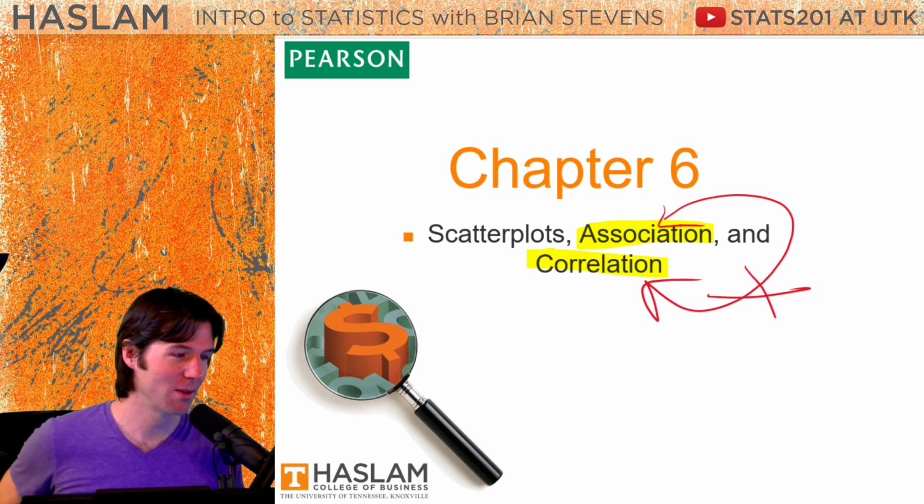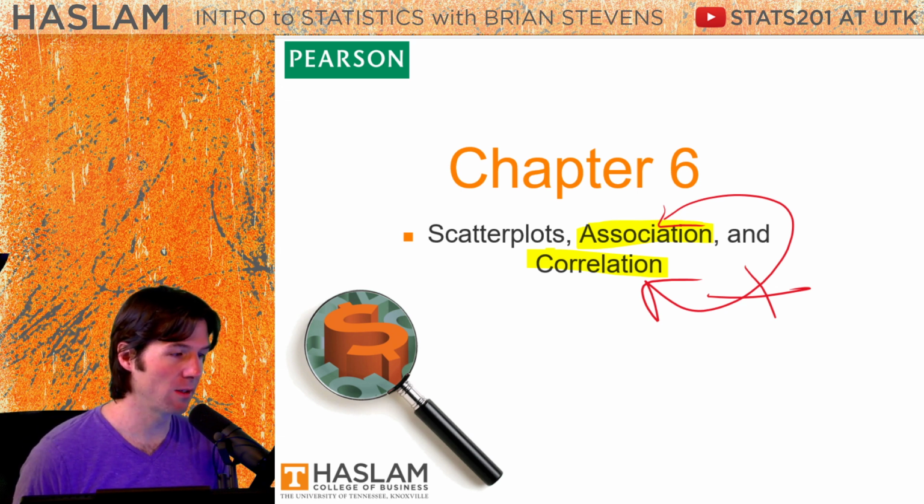Association is a relationship between two variables. Yeah, Sarah's on track. Sarah gets 50 points. So let's explain what Sarah's pointing out. Sarah says that an association is a relationship between two variables, like your grades and whether or not you did the online assignments. Now that's an association, but I'm going to change it slightly.